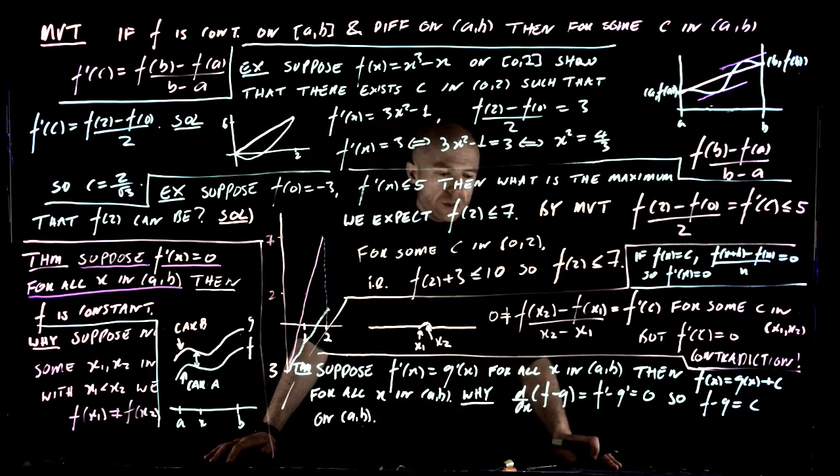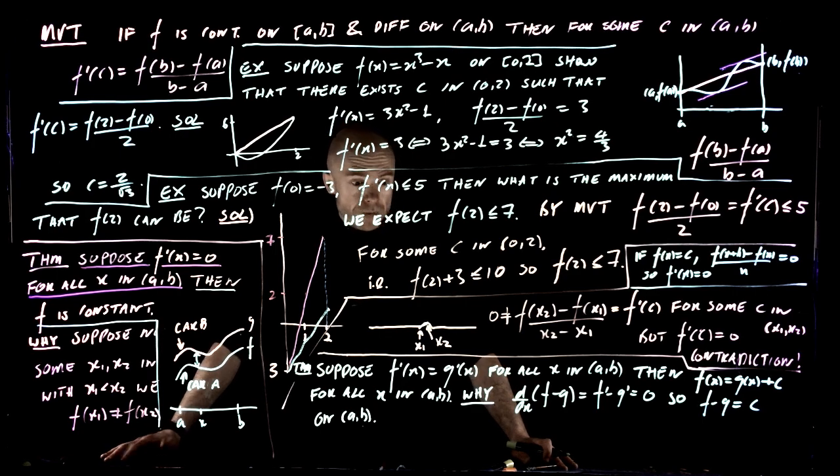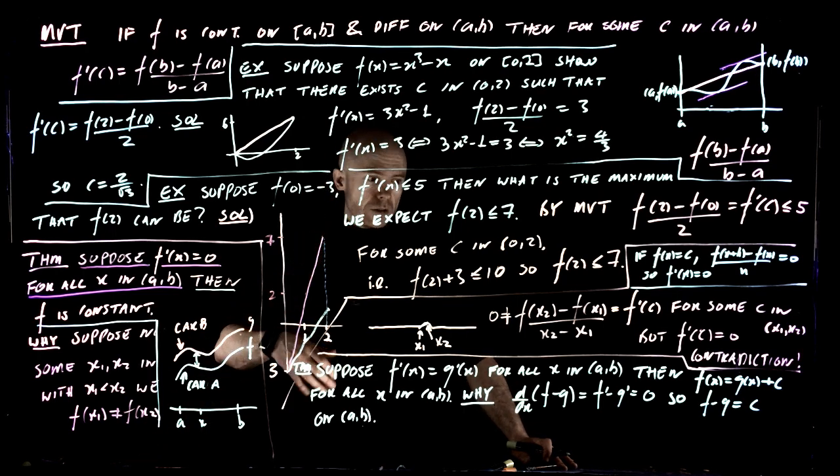And later, some of you have already seen antiderivatives. And this is why antiderivatives can be different and are different by a constant, because when we differentiate them, we don't see that constant.